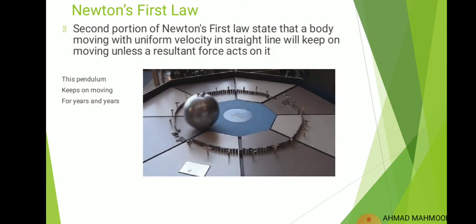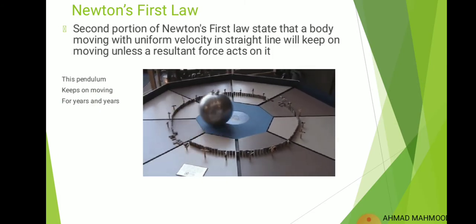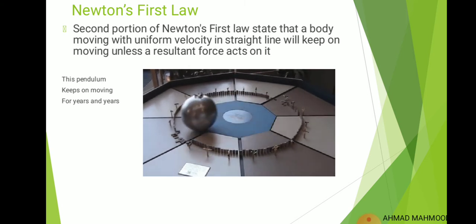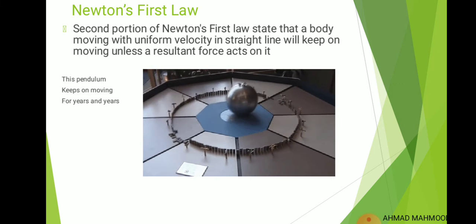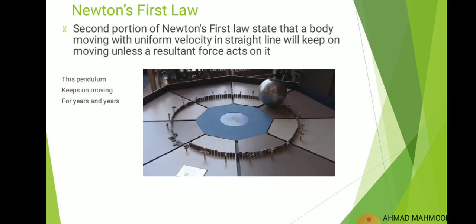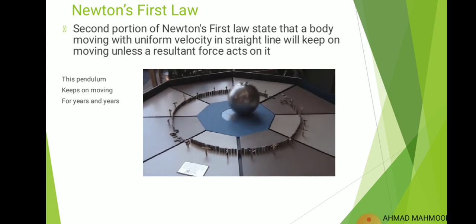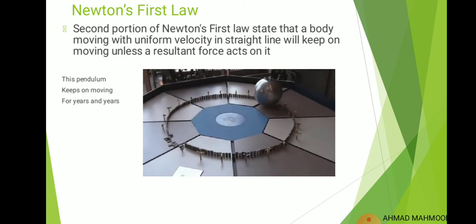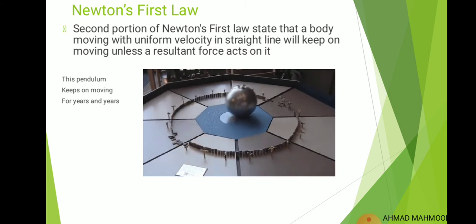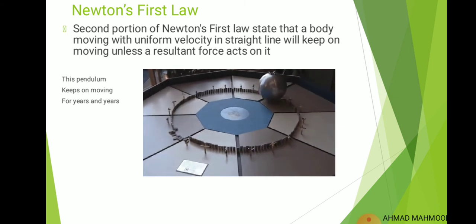The second portion of Newton's first law states that a body moving with uniform velocity in a straight line will keep on moving unless a resultant force acts on it. I have given the example of a pendulum here. Why? Because there is no force acting on this pendulum. It is not touching the ground, so there is no frictional force from the ground.